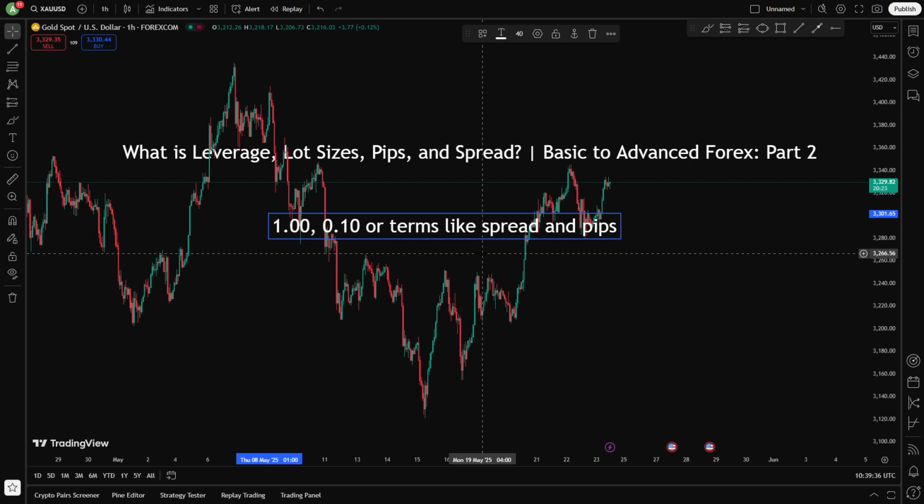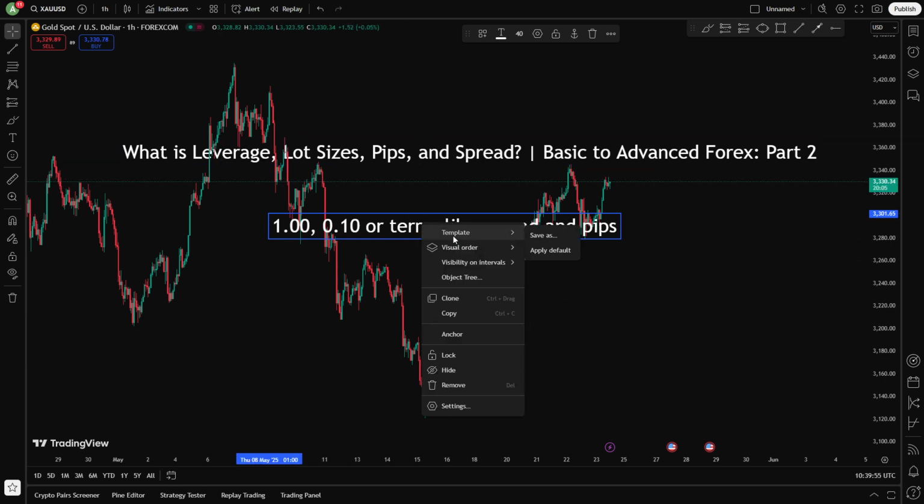We will dive into 4 critical concepts: leverage, lot size, pips, and spread. Whether you're a beginner trying to understand the basics or an intermediate trader wanting to reinforce your foundations, this one's for you. Let's start with leverage.